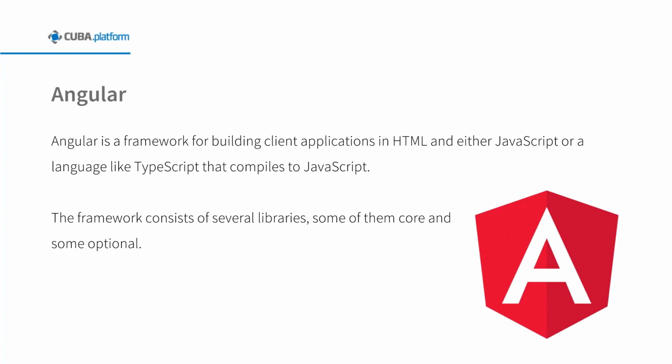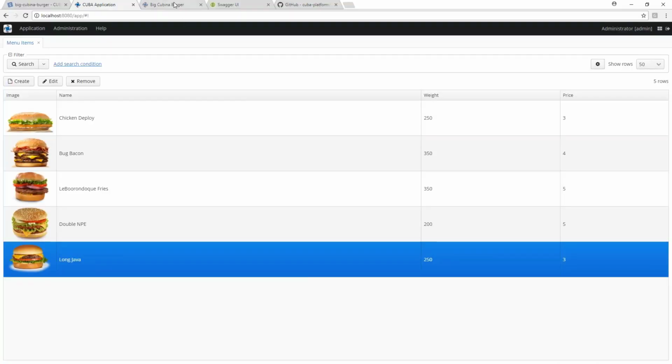So let's move to the application development and let's open our Angular application. I've already prepared an application that has the navigation bar at the top, login screen, and the home screen in which we will show a list of menu items.